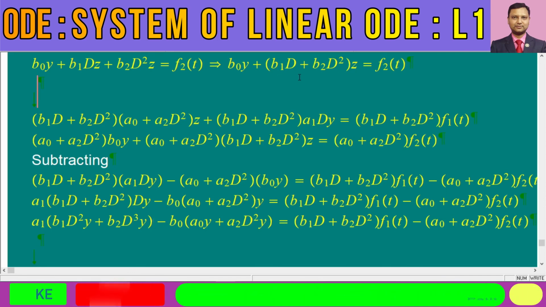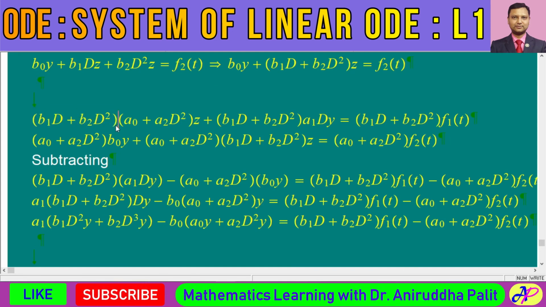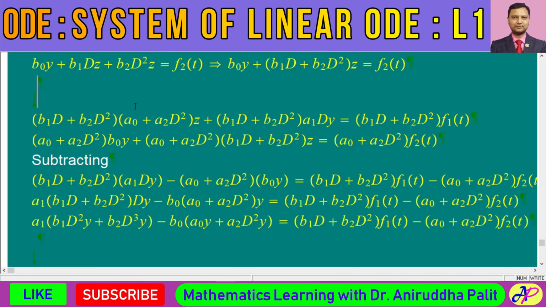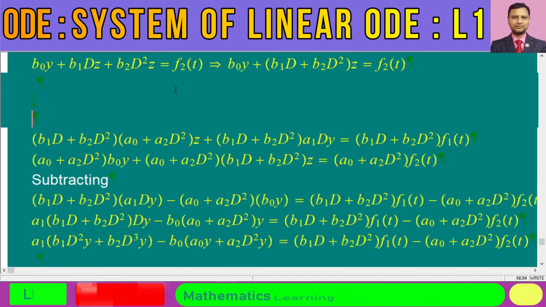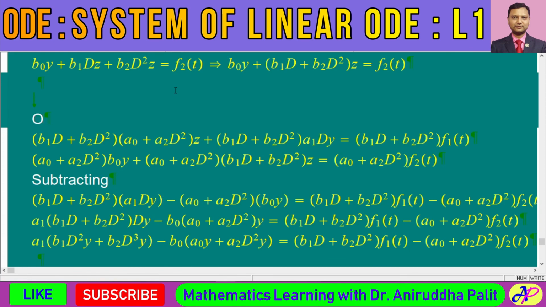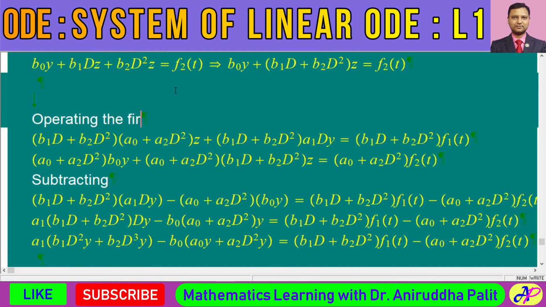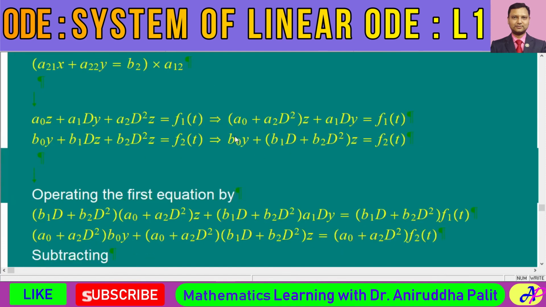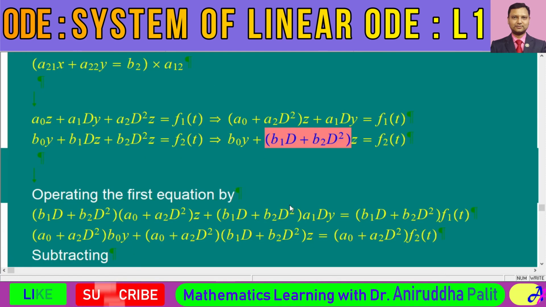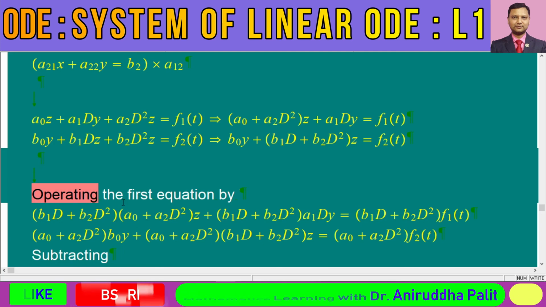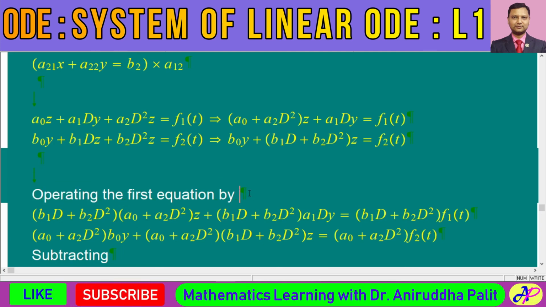Got it? And over here apparently it looks like we are multiplying by this kind of operator, but this is not a multiplication. We write it in this way: operating the first equation by this operator, and the second equation by this kind of operator. So we do not call it multiplication, we rather call it operation.